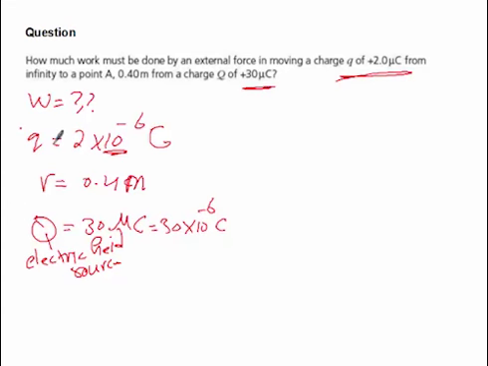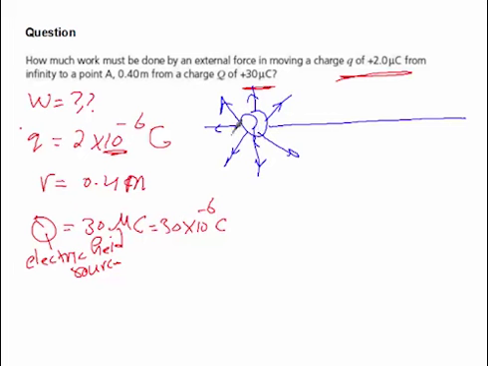From infinity to point A, there is a charge, this big capital charge, which is causing the field, and it's positive, so the electric field should be outward. This is positive charge.